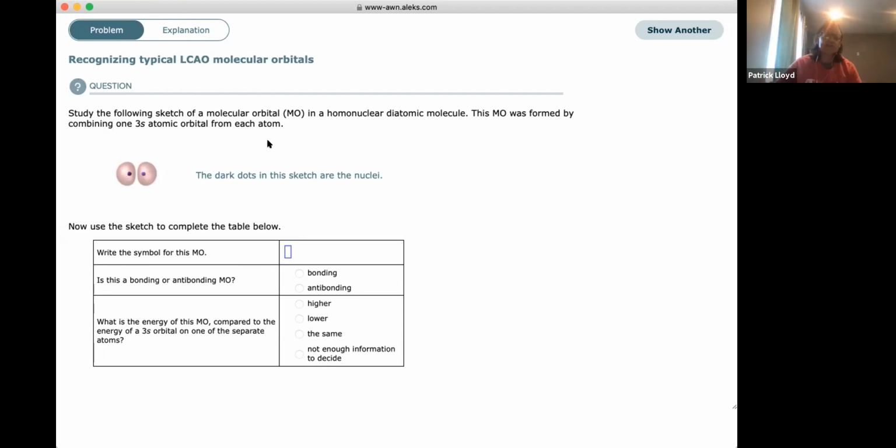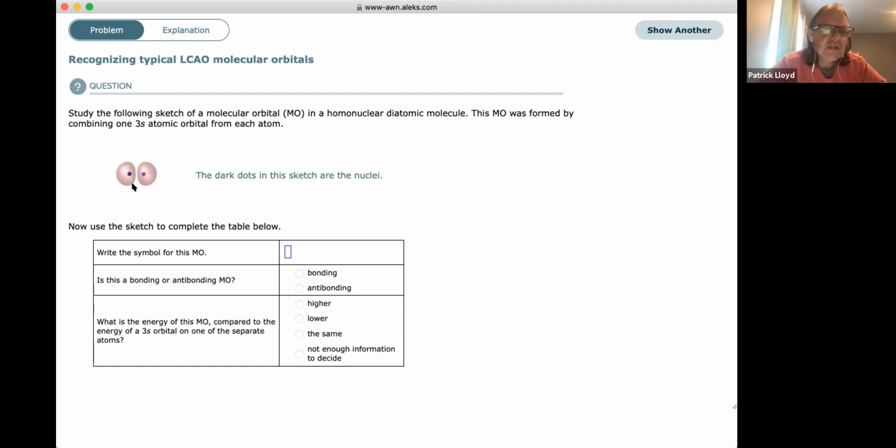Study the following sketch of a molecular orbital in a homonuclear diatomic molecule. The MO was formed by combining 3s atomic orbitals from each atom. Okay. So this could be like sodium. Sodium is 3s1 in the valence shell, but it could be anything beyond that. So here's the idea. The dots there in the center are the nuclei.